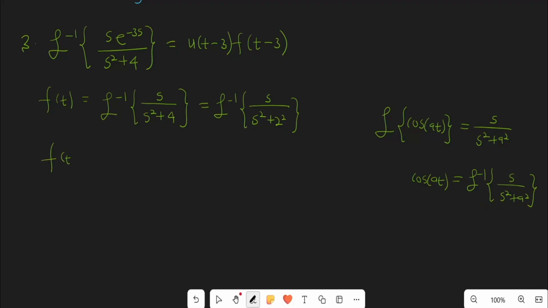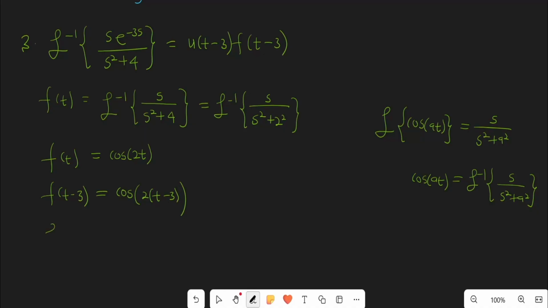Therefore, the function f of t is going to be equal to the cosine of at, in this case a is 2, so it's going to be cosine of 2t, like this. So now we have f of t, we can find f of t minus 3, because we have to shift it by the constant in the exponential function. So f of t minus 3 is going to be cosine of 2 multiplied by t minus 3. Just shift t by 3 and that should be it.